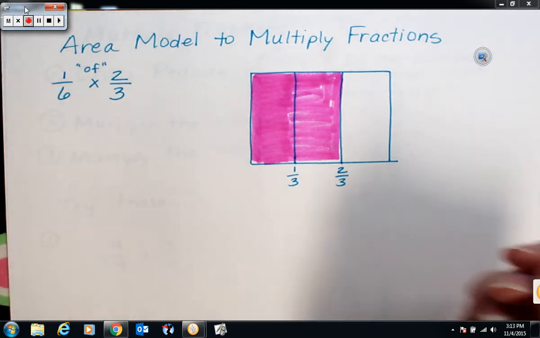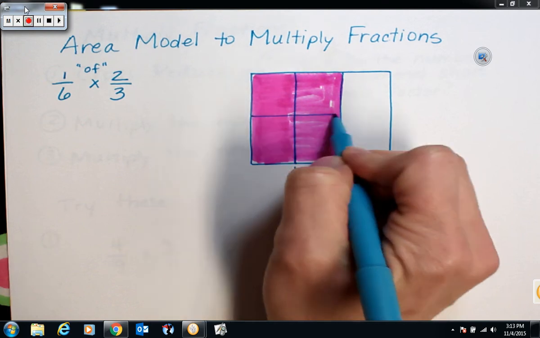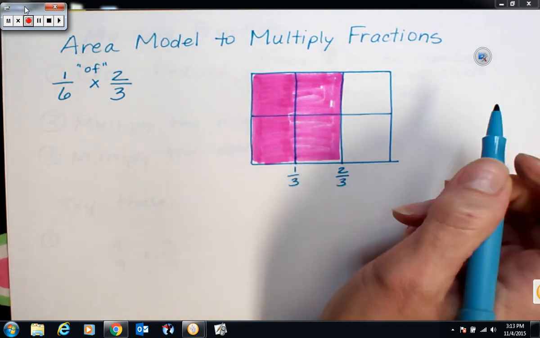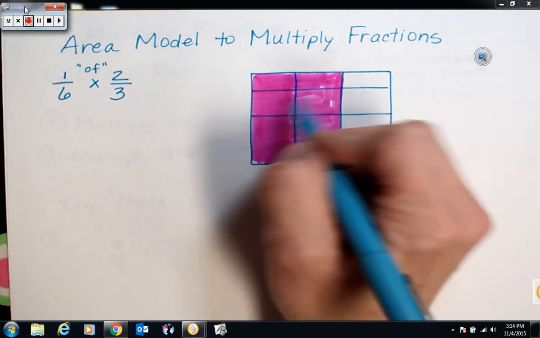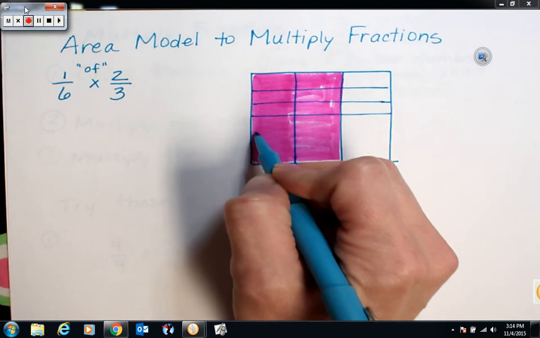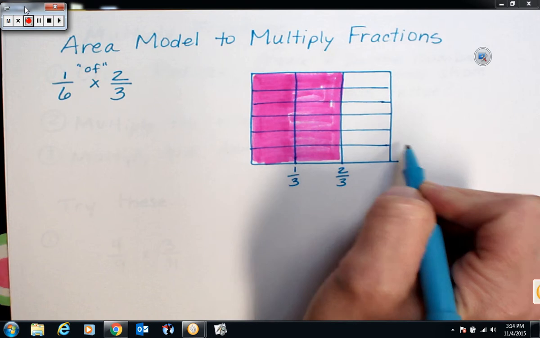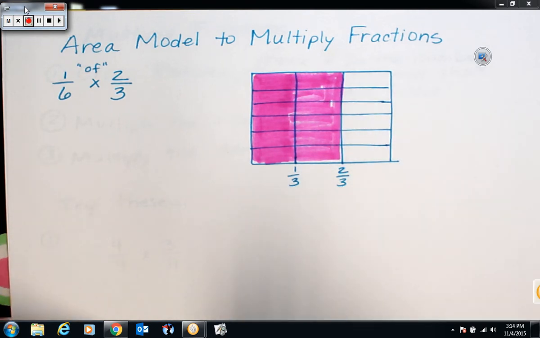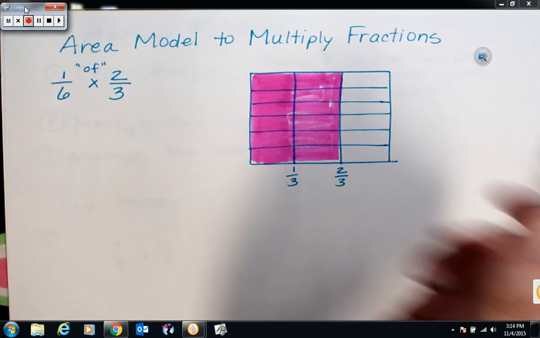So to find the 1/6, I'm going to then divide my whole into 6 horizontally. And so now I'm going to shade in one of those horizontal 6.